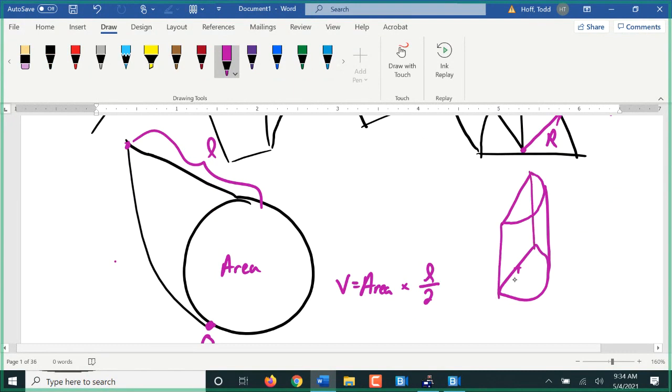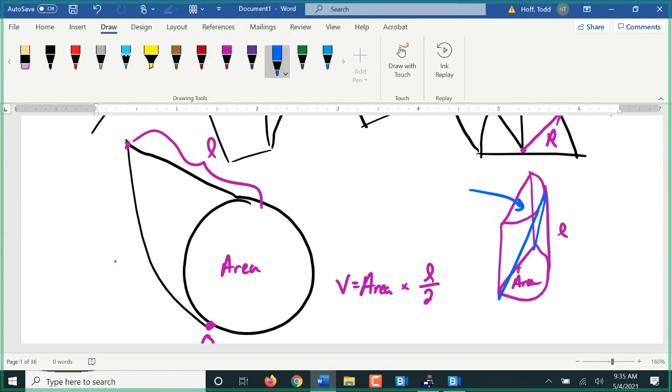We would have the area of this half circle times L would give us the volume of that full shape. But this is cut off like this. And because it's cut off like that, you'll notice this piece here that is removed is the larger of the two pieces. So what we have left here is way less than half of the full solid that we had before with that half circle.